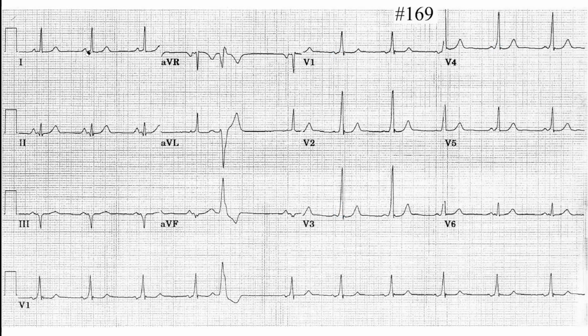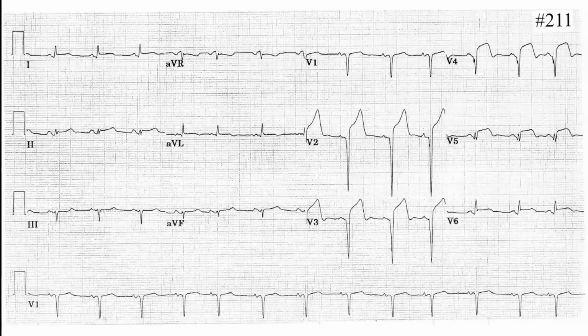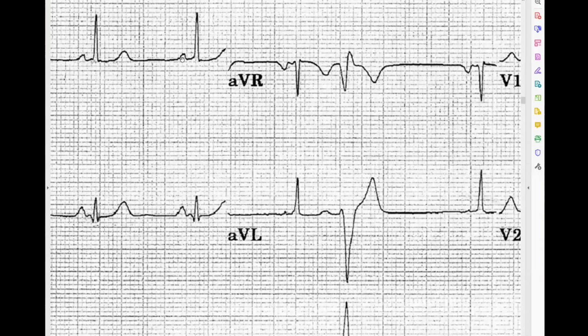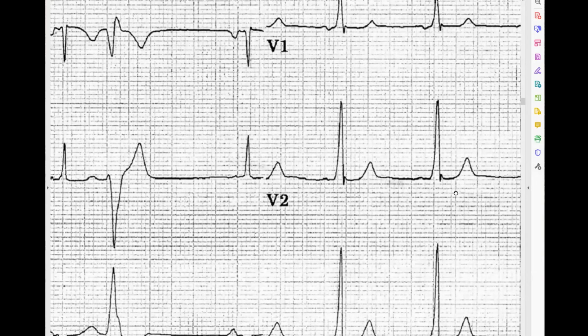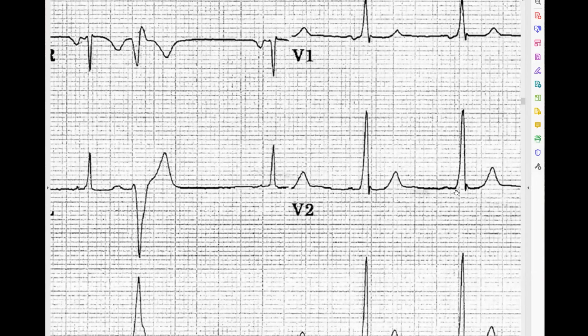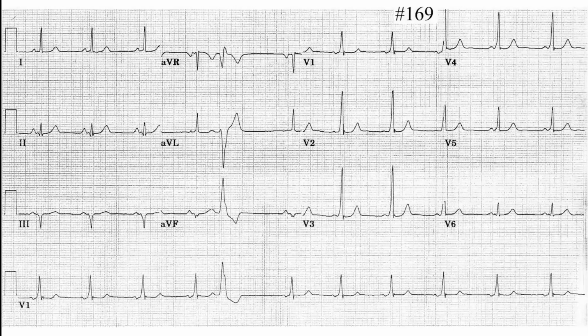In lead 1, if you get closer and magnify it, you see right after the P a little tiny upward sloping. But in the other leads, for example V1, V2, V3, you can see nicely that this is a short PR, indicating the impulse gets faster to the ventricle.